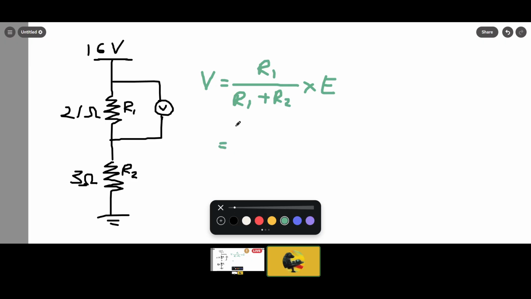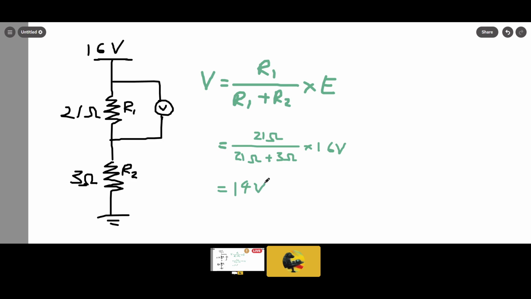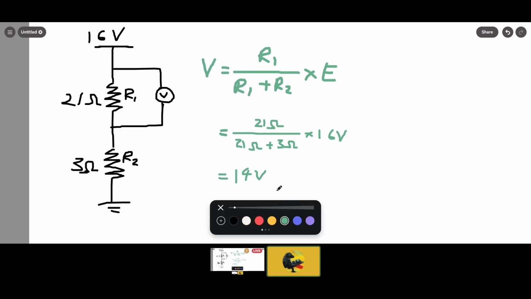So this would be 21 ohms over 21 ohms plus 3 ohms, and then times E, which is 16 volts. That's pretty much it. We can just put this into a calculator, and we find that the voltage across R1 is 14 volts. So that is the voltage across the R1 resistor.